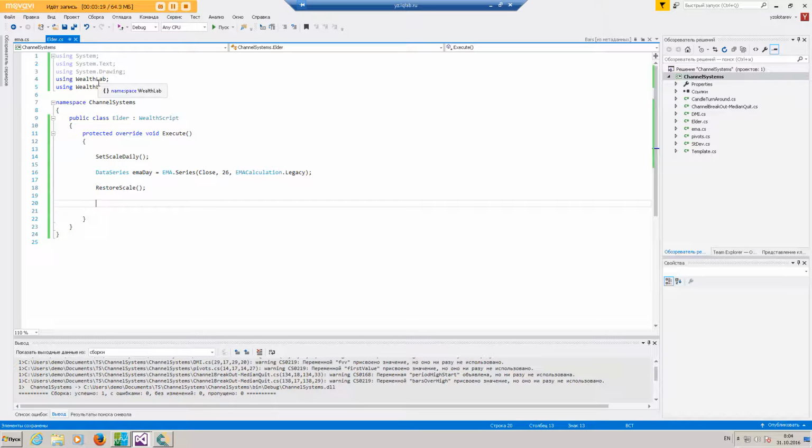And for the whole day an EMA is going to have the same value, right? Data series EMA intraday, sorry, intraday.